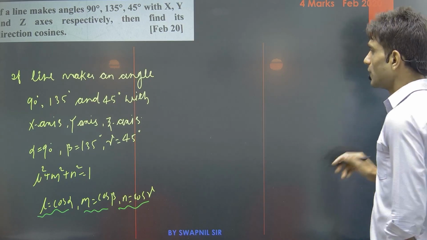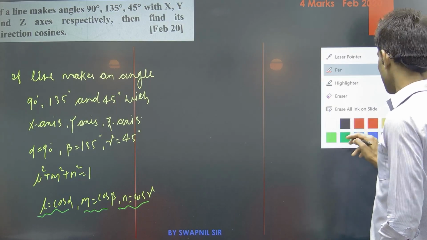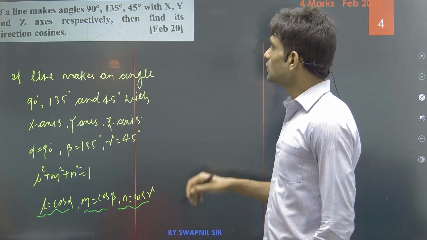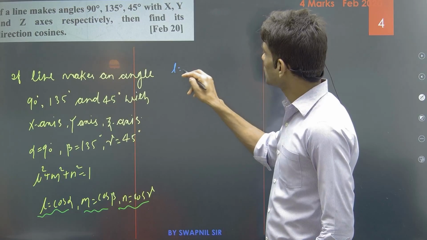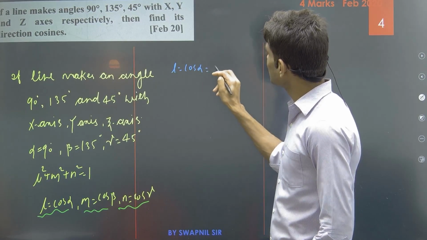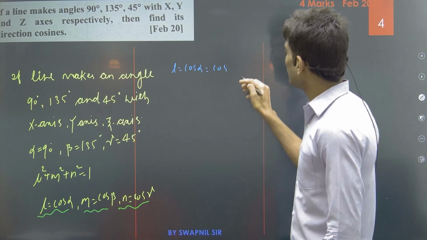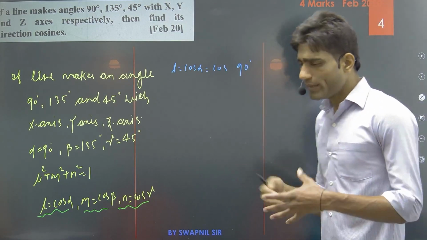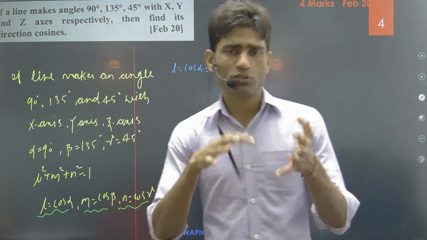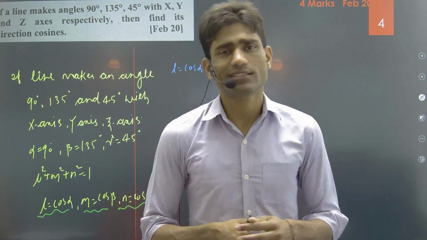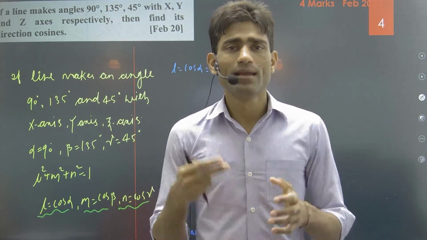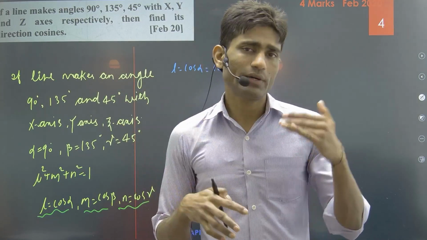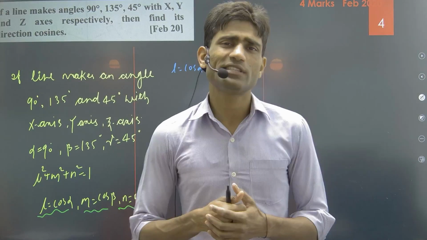Let's move to the next part of the solution. l is equal to cos alpha, and the value of alpha is 90 degree. We know that cos 90 degree, cos 270 degree on the imaginary axis always goes to 0, cos 0 degree and 360 degree always give 1, and cos 180 degree gives the value -1.